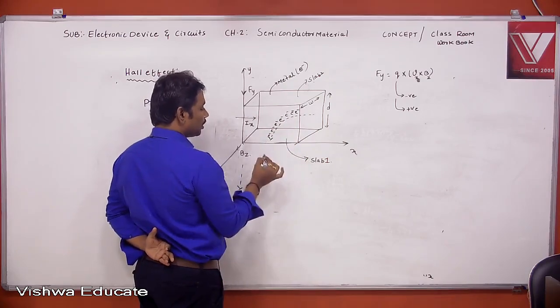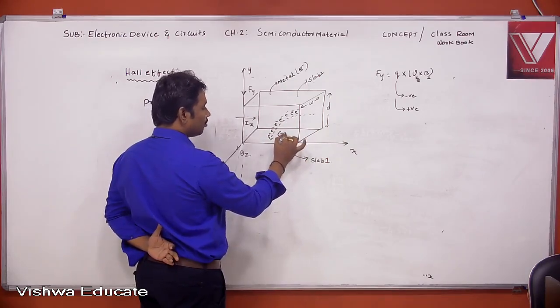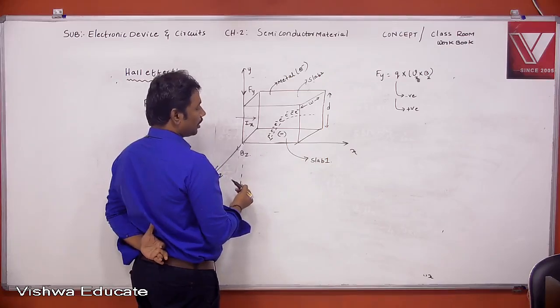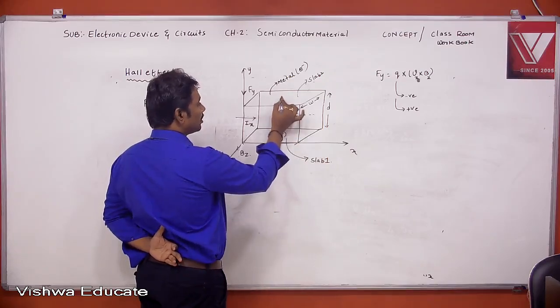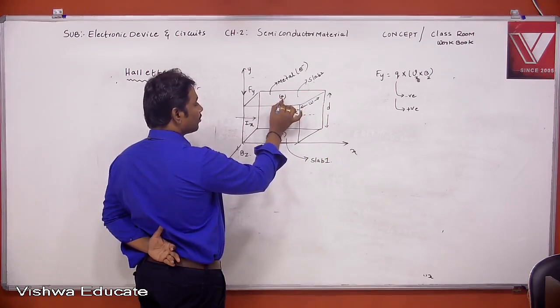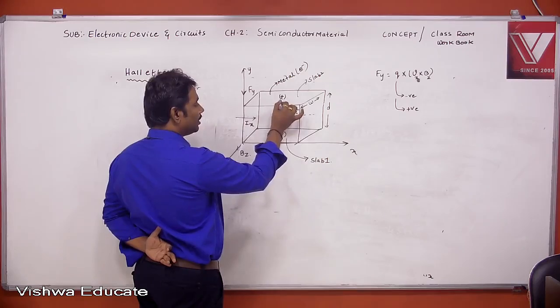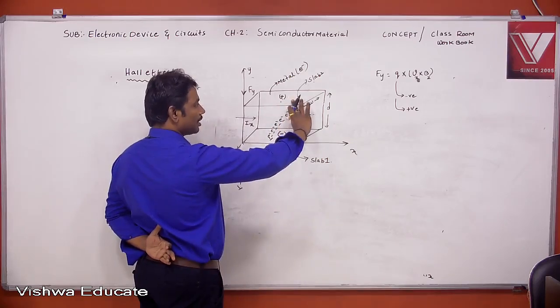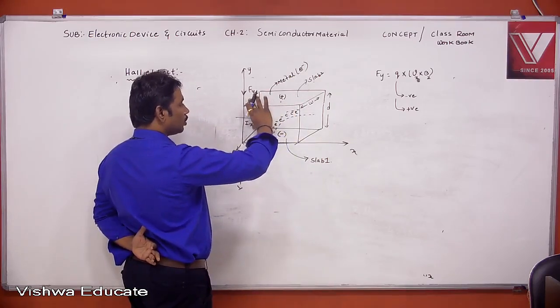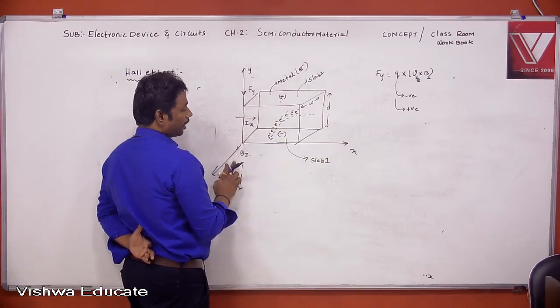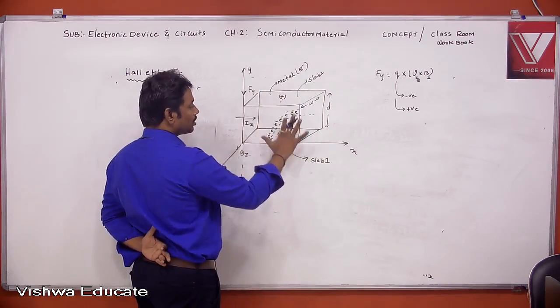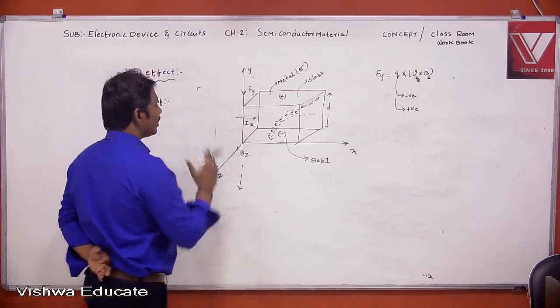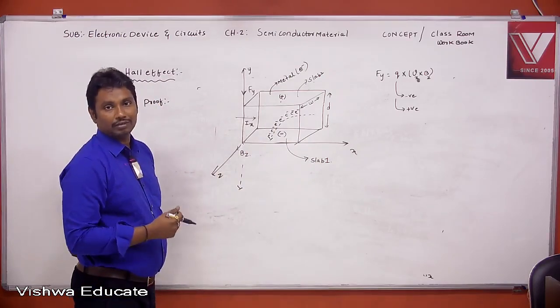So due to which slab 1 becomes negative. Slab 1 is negative means relatively slab 2 is positive. Okay, slab 2 is positive means an electric field is induced between slab 1 and slab 2, which is perpendicular to both the current and magnetic field, right? This process of inducing an electric field is called the Hall effect, right?